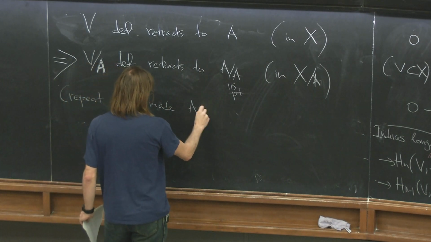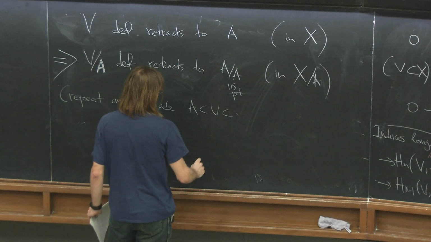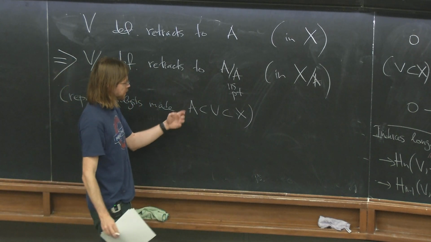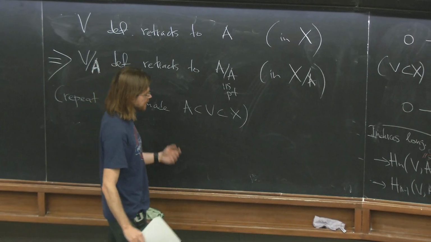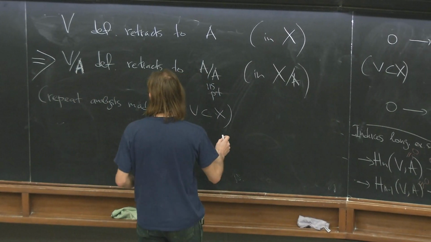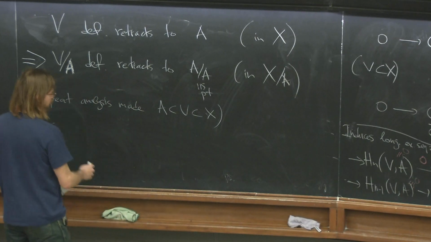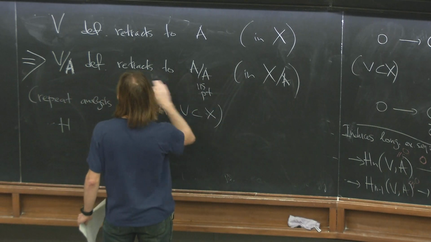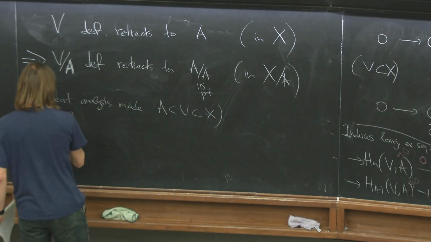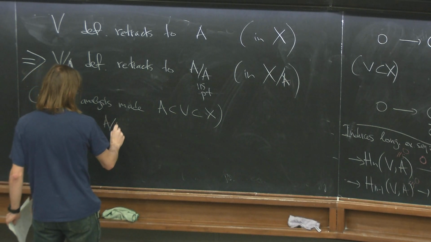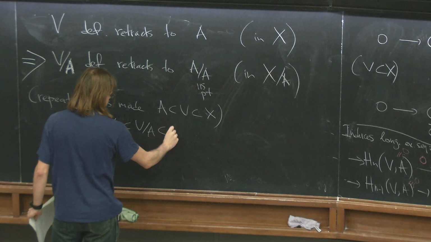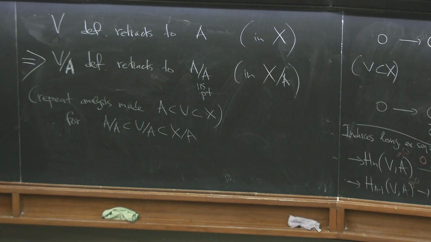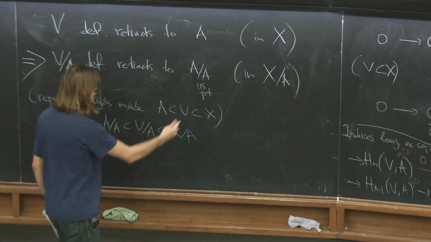We considered this triple of A, V, and X, assuming that V deformation retracts to A. So we made some analysis and we concluded that certain homology groups are isomorphic, and we can do the same analysis for this triple now, A mod A. So repeat this analysis for the triple where everything is divided by A. So it still satisfies these conditions which we used here.